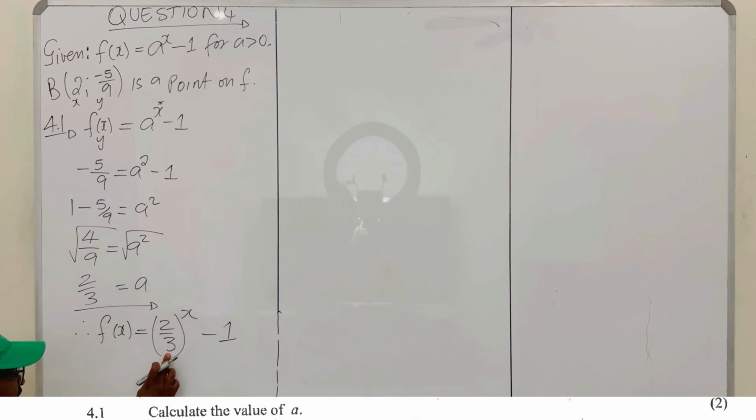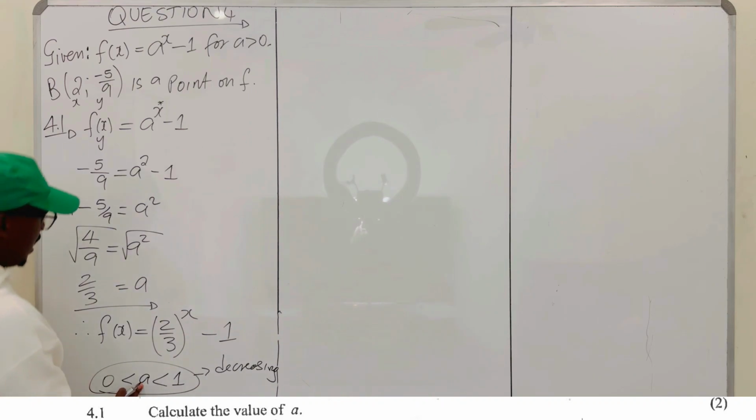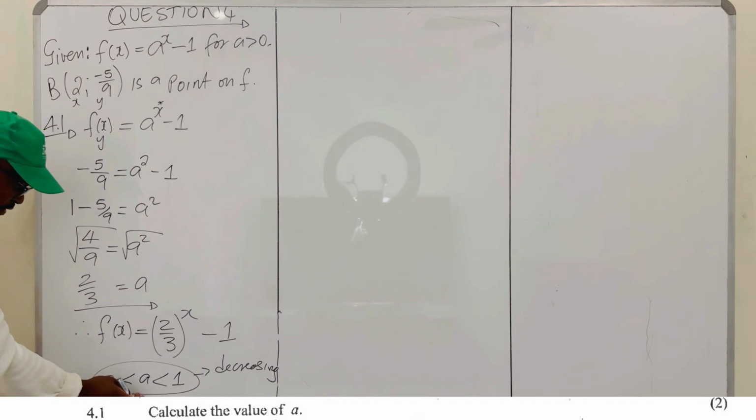So you can see that your a is greater than 0 but less than 1, which means this function of yours is decreasing. This function of yours is decreasing, provided that this will be positive, of course.